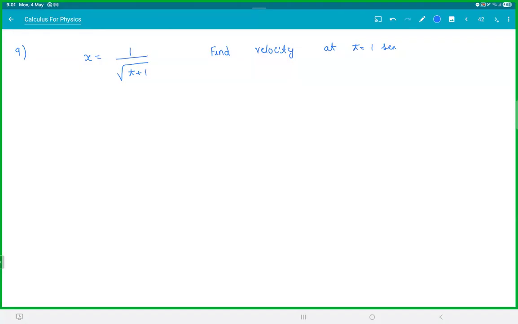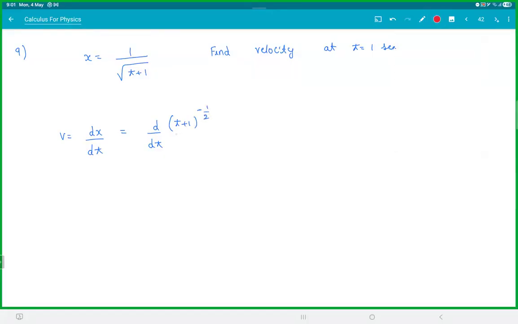Okay, let's see. So you want velocity? It is simply dx by dt. So that is d by dt of t plus 1 whole power minus half.